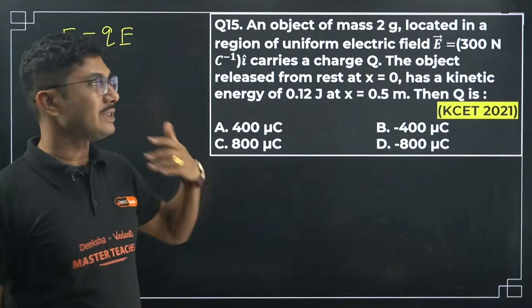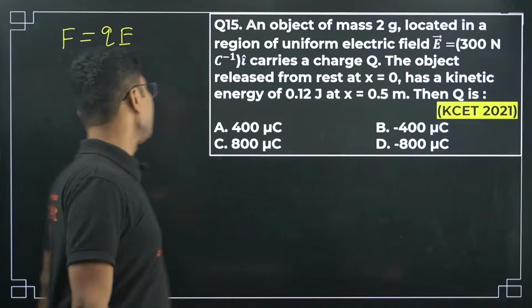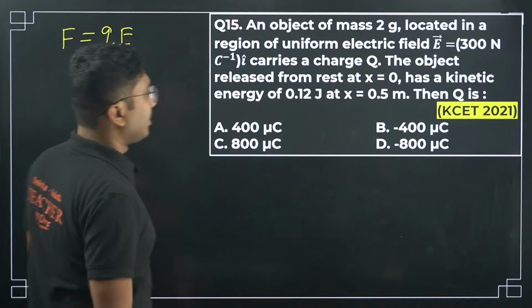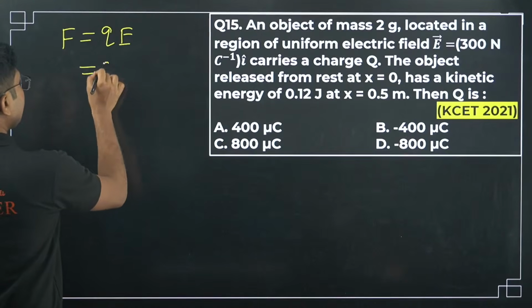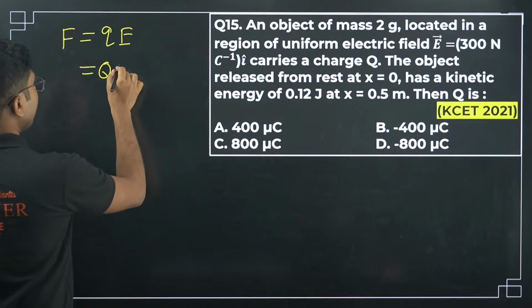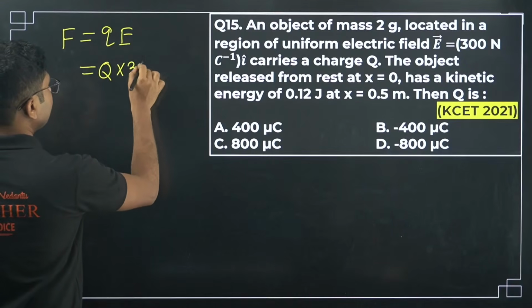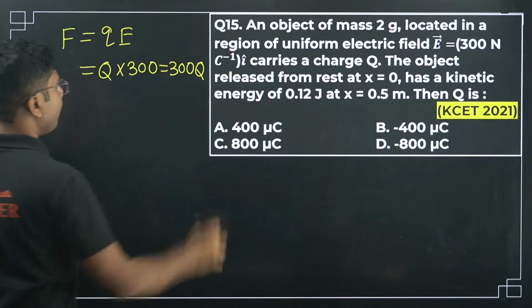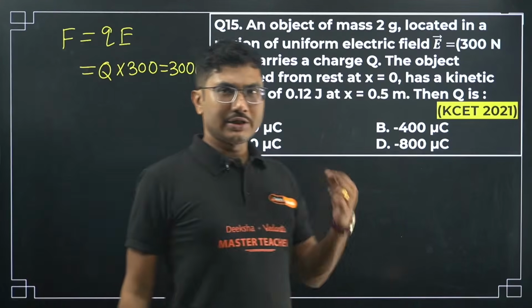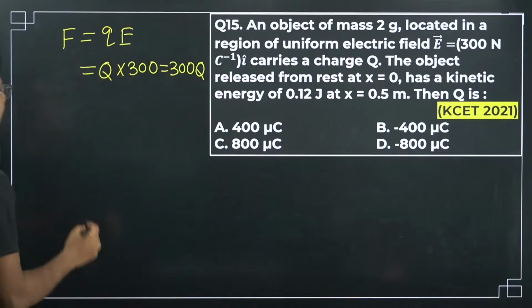So E is 300 Newton per coulomb. Charge is not known, so 300 Q is the force acting on the charge.